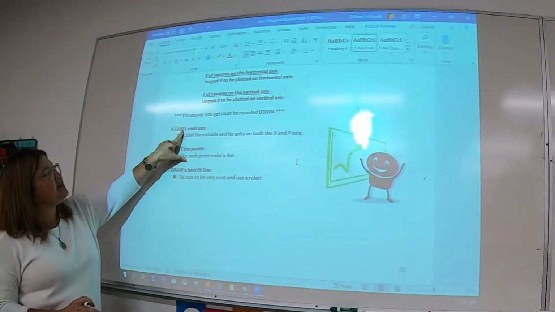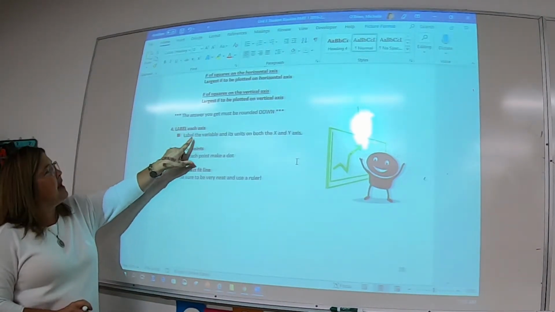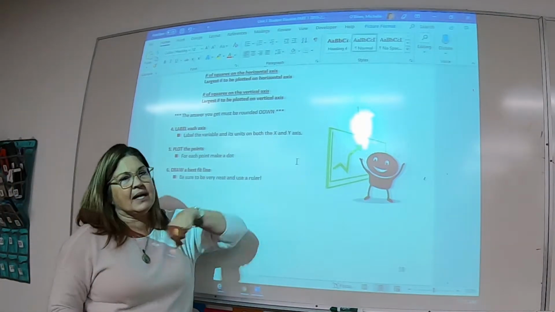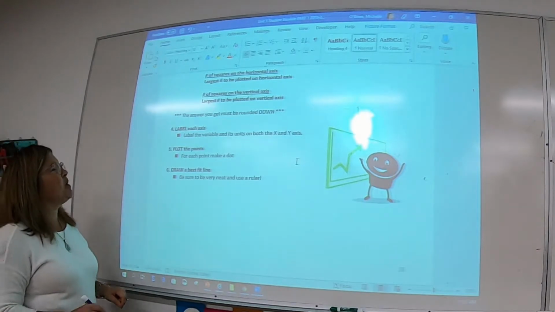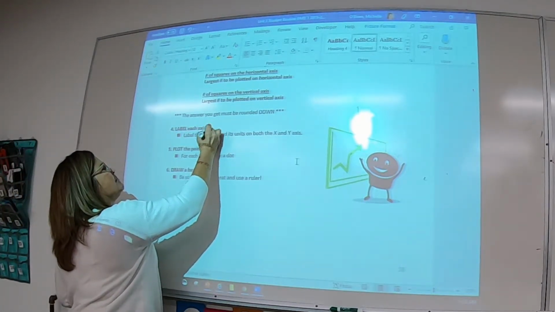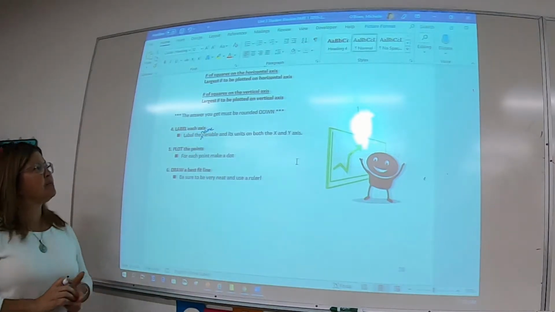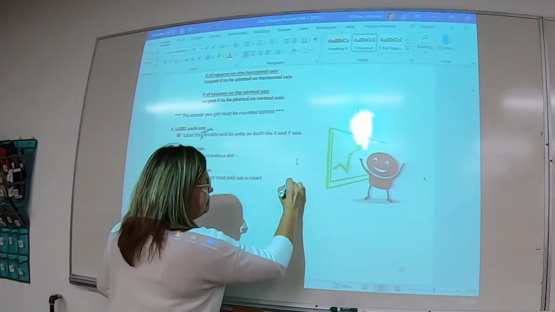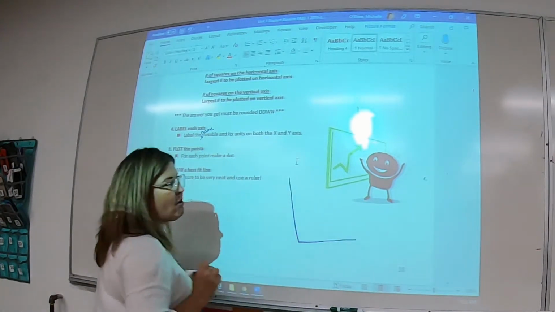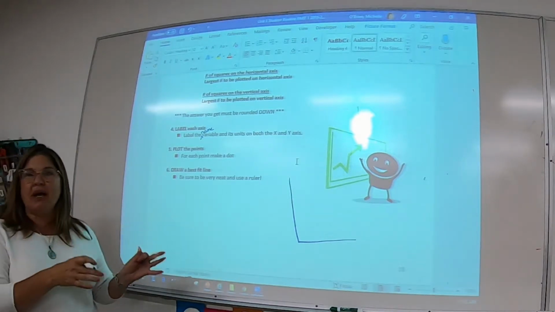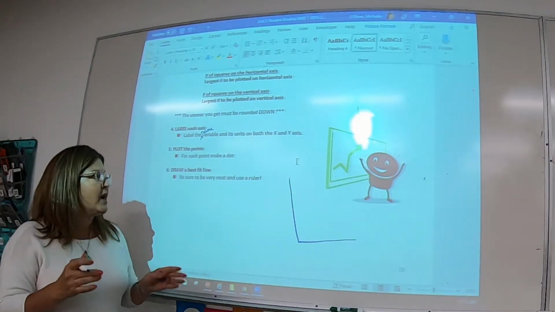Okay, then I have to label each axis. I have to put the variable, its units, both the x and y axes. So label, we also want name. So make sure you stick that in there. Label name, variable, and units. So perhaps, and again, I am drawing this with a ruler, and it would be on graph paper. You have to have it on graph paper for a graph.